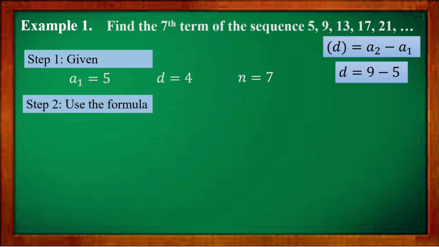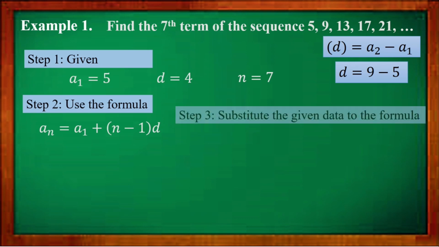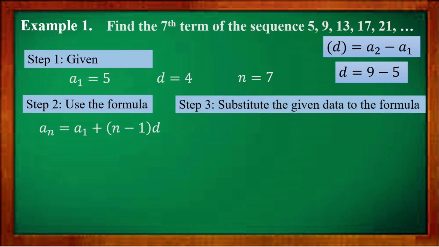Next thing to do is to use the formula for getting the nth term of the sequence. And the formula is a sub n equals a sub 1 plus n minus 1 times the common difference d. So, step 3 is all about substituting the given values into the formula.